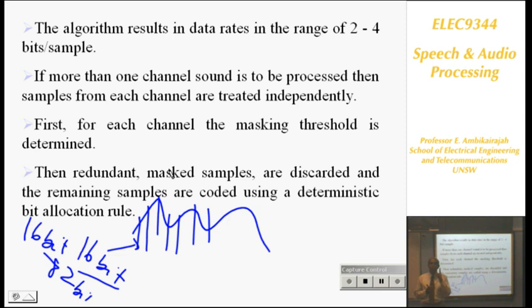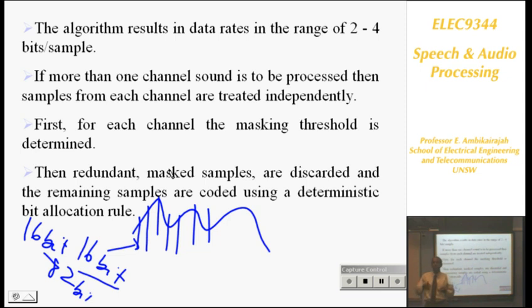We want to go for 1 bit per sample. But that's on average. That means some samples are set to 0 below the masking threshold, some are given a couple of bits, and some are given more bits. So our aim at the end of the day is, can we actually represent 16-bit data in 1 bit per sample on average using this masking threshold?